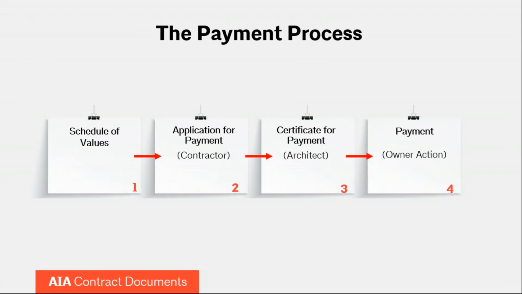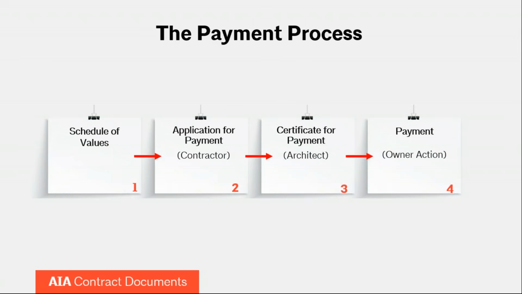You have subs and suppliers to pay within a relatively short time after you've received goods from them, and you need to make sure that you are getting paid from the owner on time and in full amount. So the A201 sets up a process for the contractor to get paid. It requires actions from the contractor, architect, and the owner.